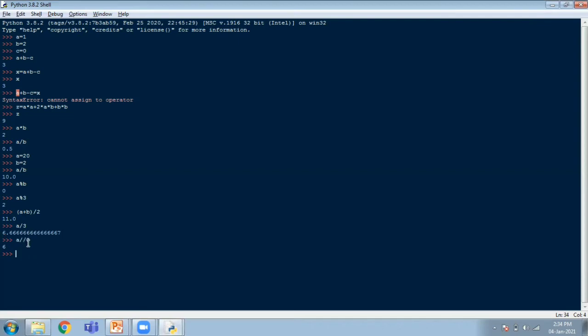So the floor division returns the result as an integer, considering only the integer part of the division, eliminating the decimal part. Whereas the normal division gives you the exact division in terms of the integer part and the decimal part together.